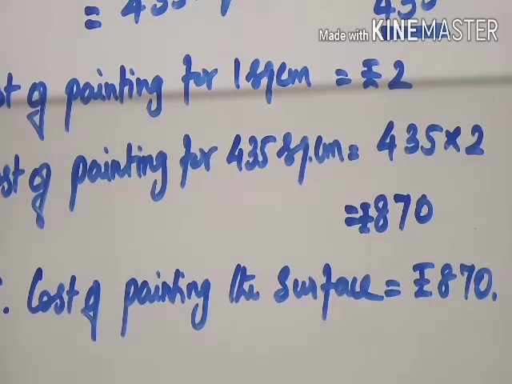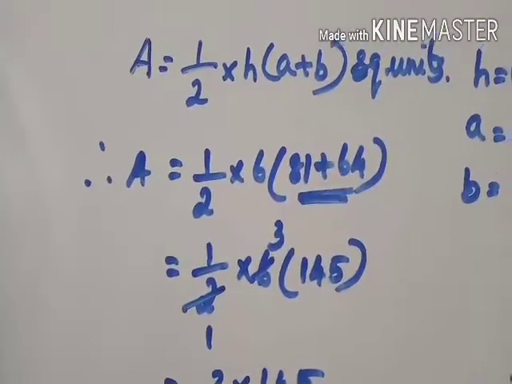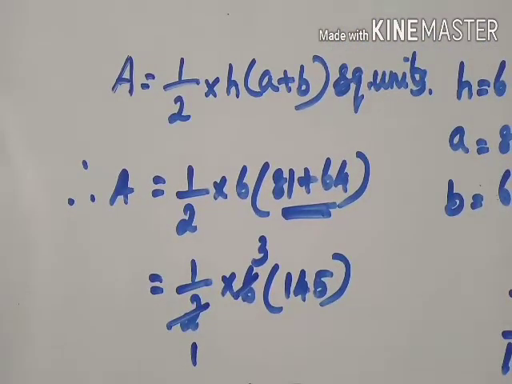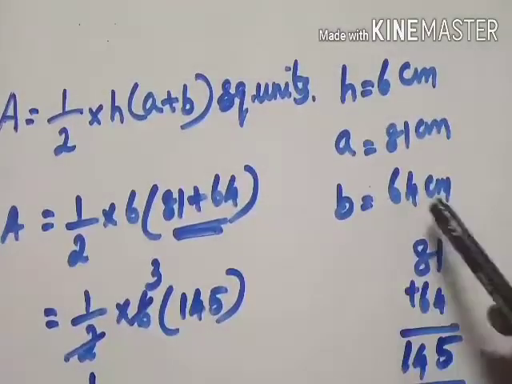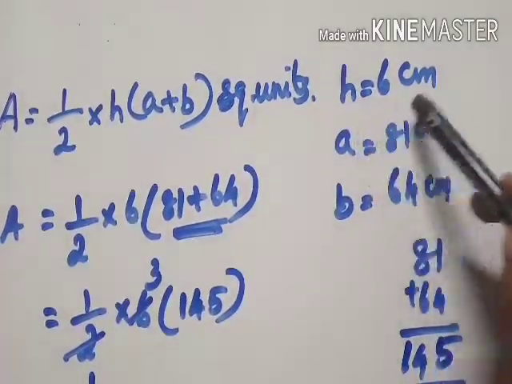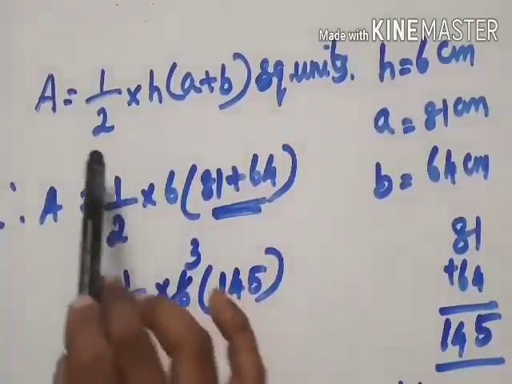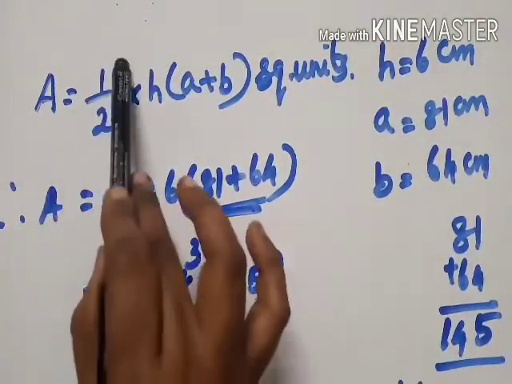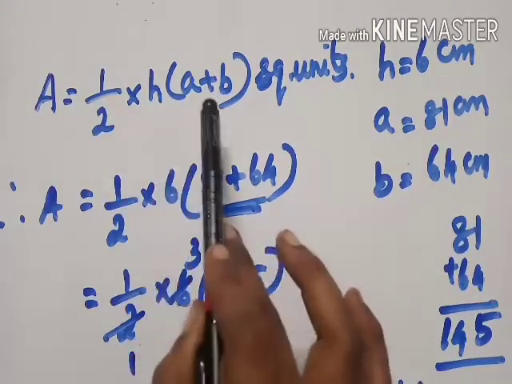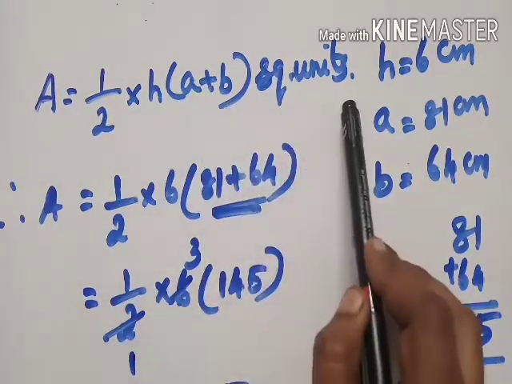One more time I'm going to explain to you. Here we have the sunshade of a window. It is in the form of isosceles trapezium whose parallel sides are 81 centimeter and 64 centimeter. Height is 6 centimeter. First, you have to find the area. Write the formula. Area formula: half into h into a plus b square units.